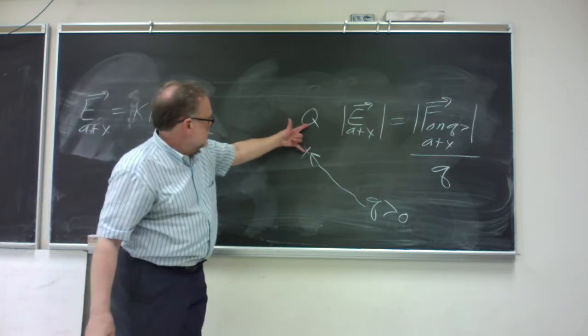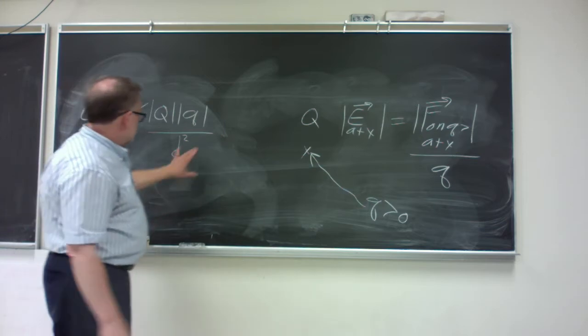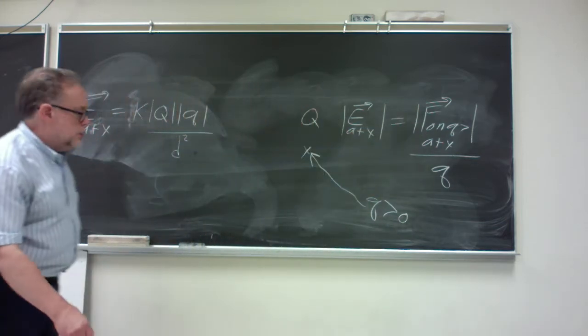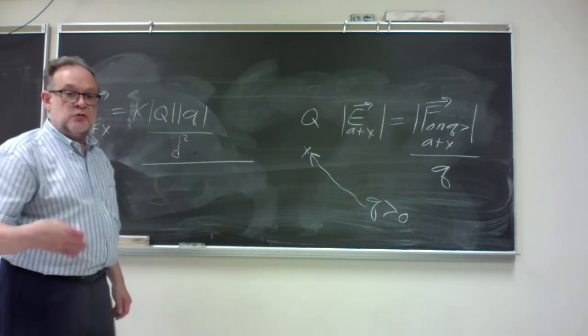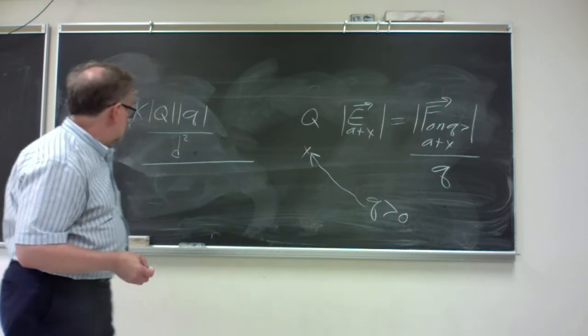That distance d is this distance here. And so that's the numerator of this equation. The denominator is just plain q, the charge that is coming into the picture and feeling the field that was already there at point X.